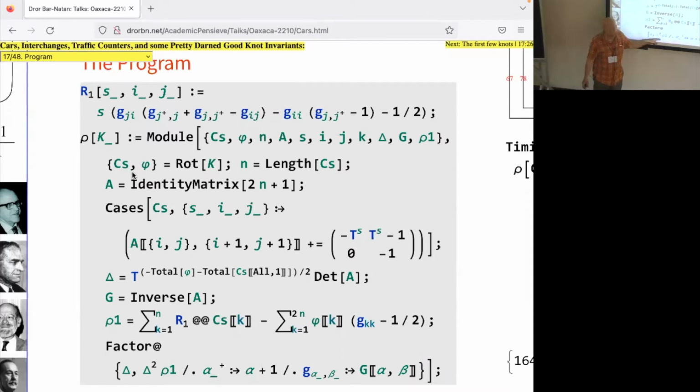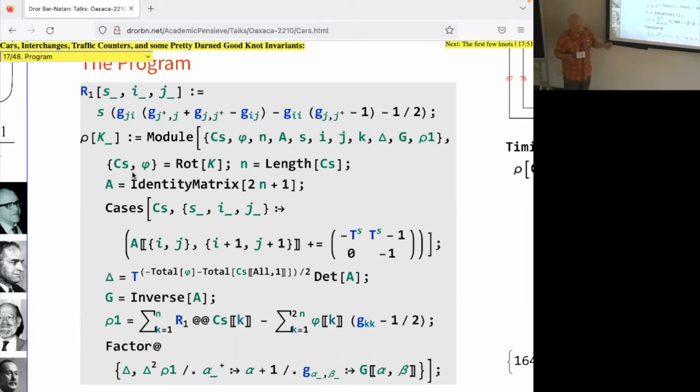Again, the delta squared is just to kill the denominators, where you replace every symbolic G alpha beta by the actual value of the Green function matrix, so every G alpha beta becomes uppercase G of alpha beta, where uppercase G is the inverse of the matrix A. So the program is completely straightforward, and it's just a few lines.